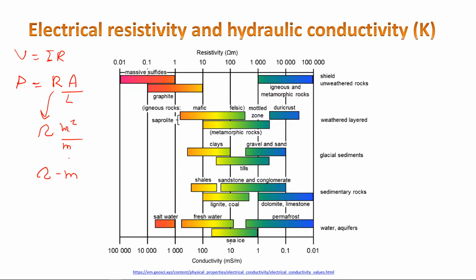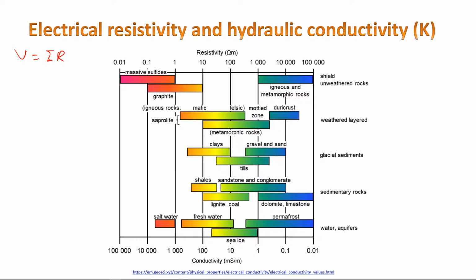So that is the length over your cross section area where the current is passing, and then you get this ohm meter. Different materials will have different resistivity.